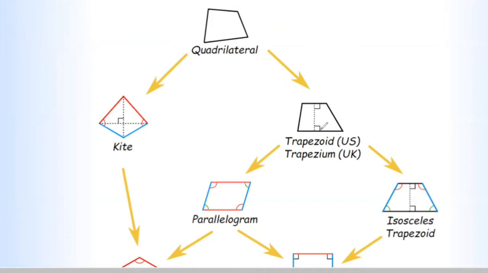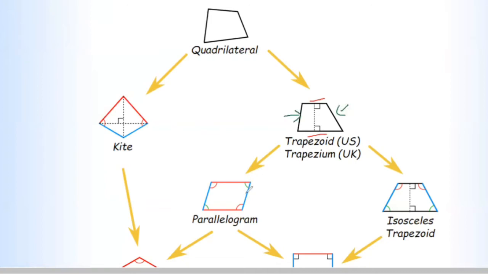And in a trapezoid or trapezium, if we apply one more condition, we will get a parallelogram. In a trapezium, only one pair of sides is parallel, and the other two sides can be parallel or cannot be parallel.